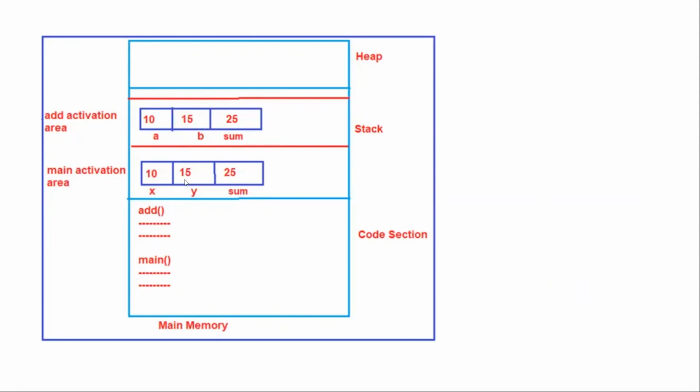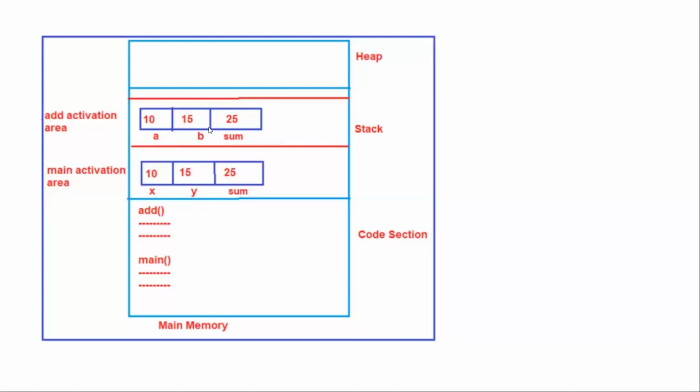So from the main method, the memory got created to hold the values of x and y. When the add method is invoked and starts executing, the x value is moved to a, and the y value is moved to b. So the value is being passed to a new set of variables. This is called call by value. You are passing the actual value from variable x to a and y to b.